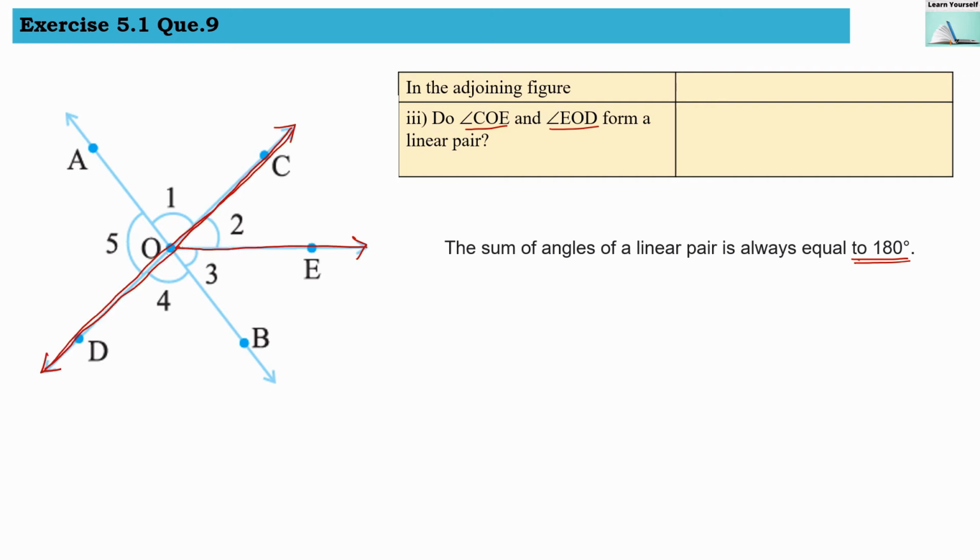Here we can see two angles: COE is this angle 2, and EOD is this complete angle which covers 3 and 4, both the angles. So yes, they are on the straight line. As you can see, they are on the straight line CD. This complete straight line is formed by these two angles. So yes, they are a linear pair.